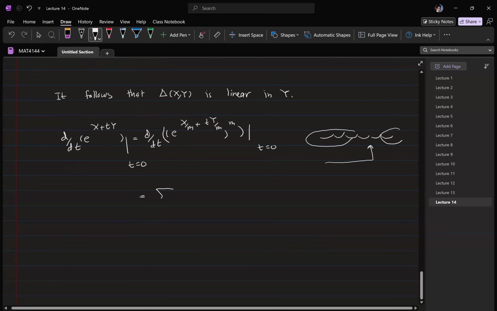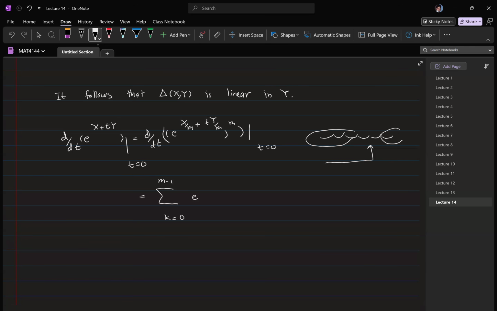I get the sigma, k starting from 0 to m minus 1, because there are m terms that I should differentiate one by one. And then before the term that's differentiated, I just have e to the x over m plus ty over m, k times, but I set t equal to 0. So I basically get e to the kx over m.